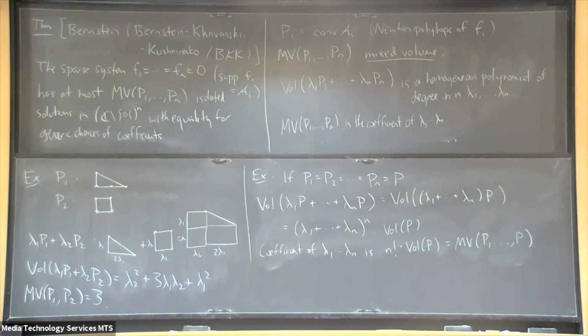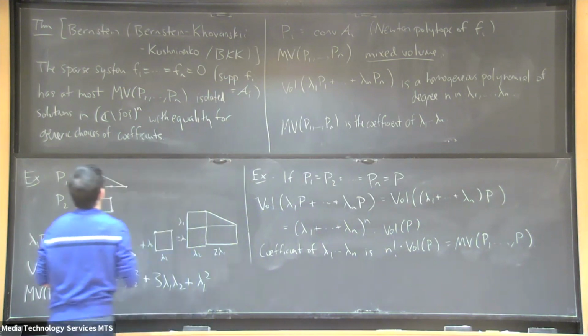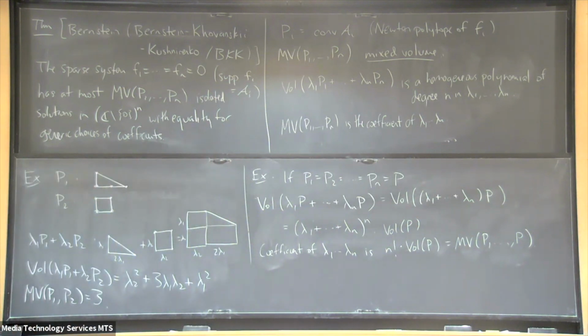Okay. And so what does this mean? This corresponds to a special case of Bernstein's theorem. Suppose you know that all of your polynomials have the same support. So you fix some support for all your polynomials, and then you choose generic choices for the coefficients with fixed support.